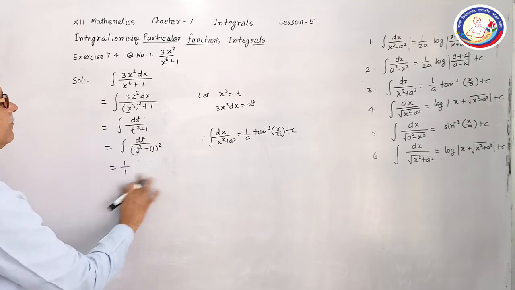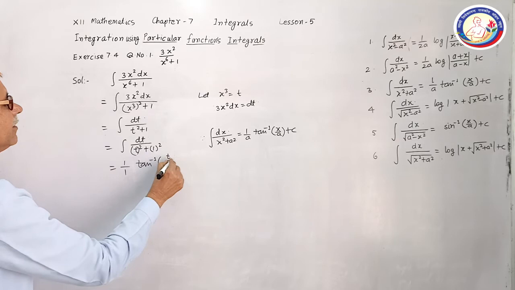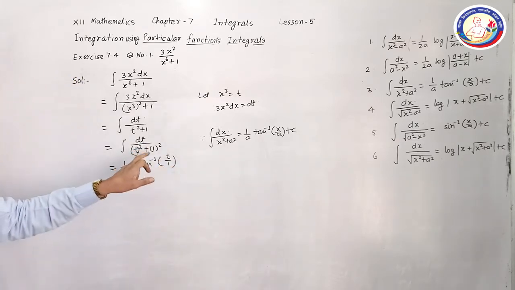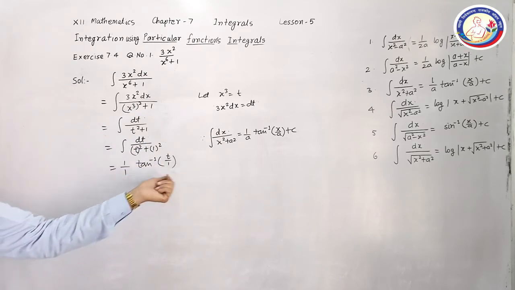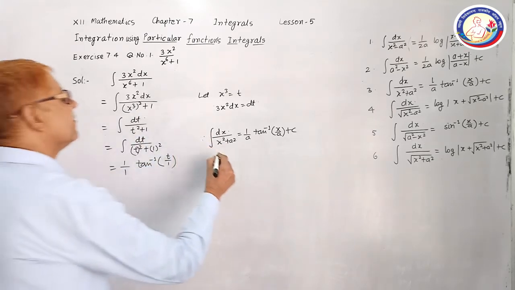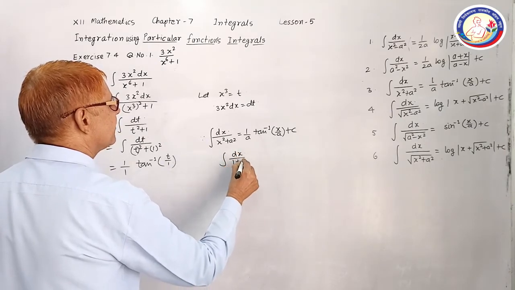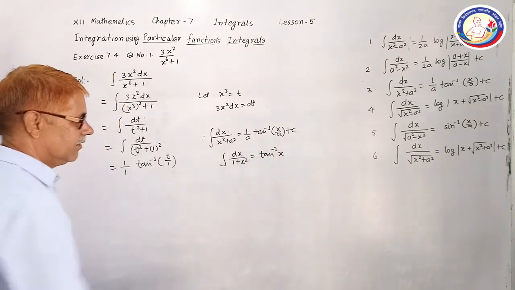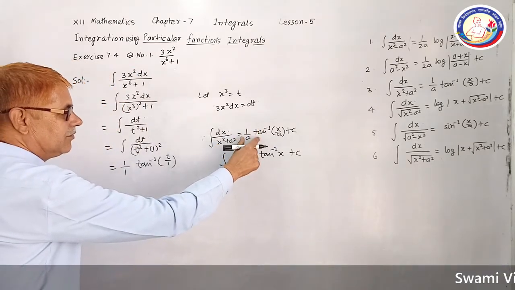Integration for this will be tangent inverse t by 1. And there is no need to use this formula, as we know that the derivative of tangent inverse t is 1 upon 1 plus t square. So we can use directly the main formula also: integration of dx by 1 plus x square is equal to tangent inverse x plus c. So we can use this directly, or we may use this formula also.